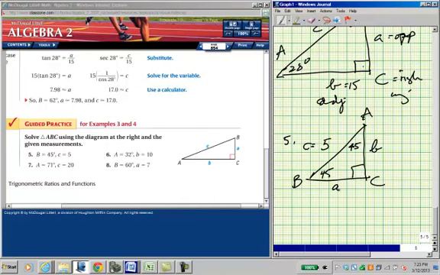We know that the sine of A equals opposite. It's going to equal A over C, which is the square root of 2 over 2.